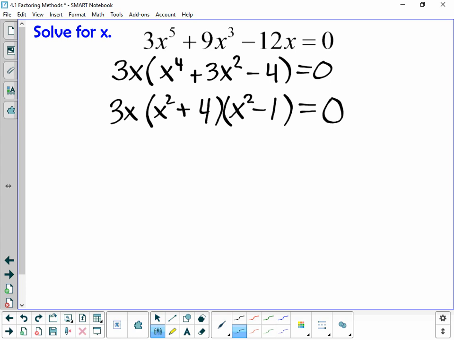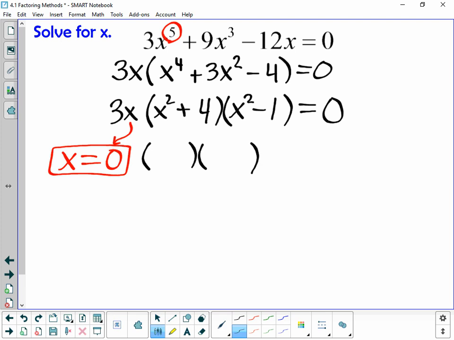You may have noticed at the beginning of the problem that we should have 5 solutions. So I can already see one of them is 0. That comes from this factor here. The other 4 are in these other two factors. Well, you may have noticed that both of these are perfect square patterns. This one's a plus 4, so we have x plus 2i.